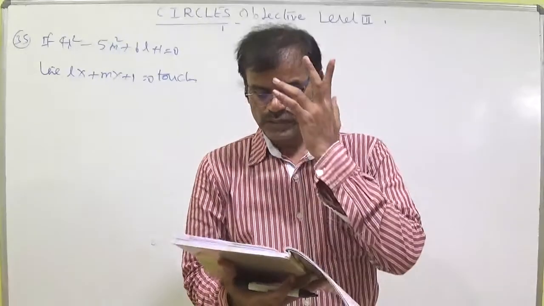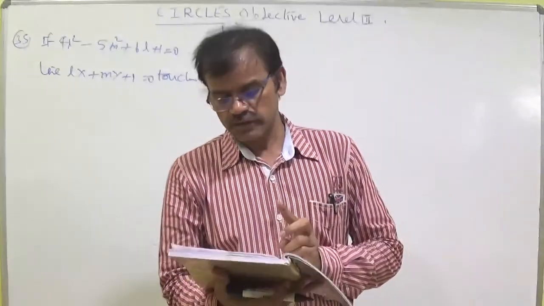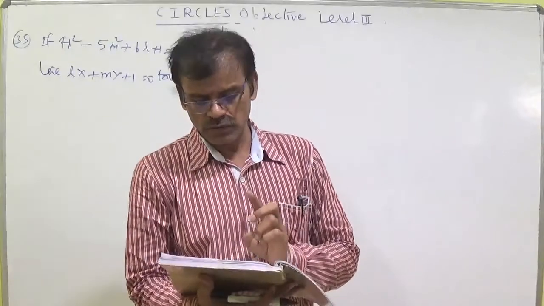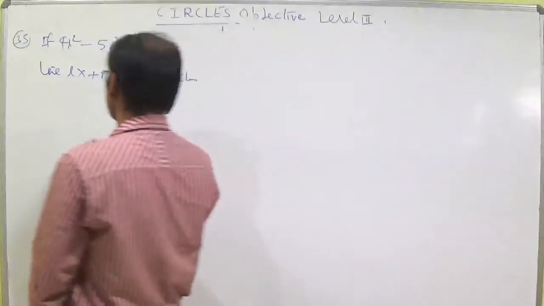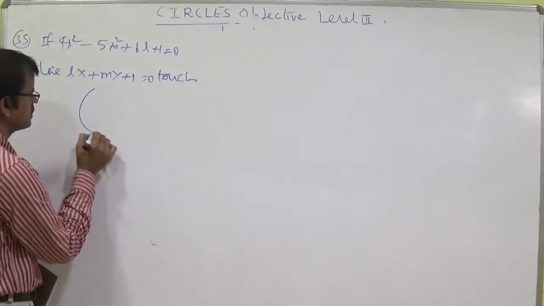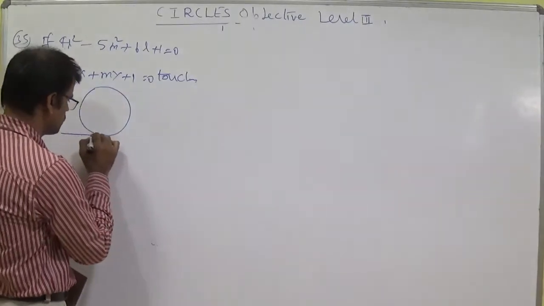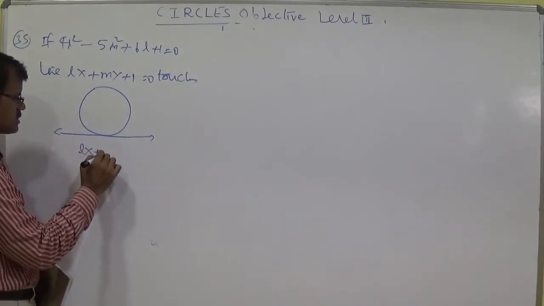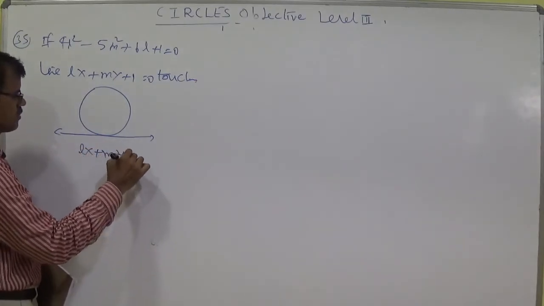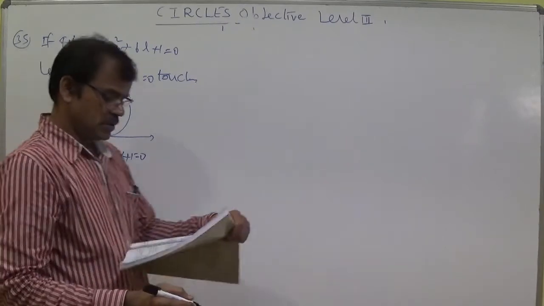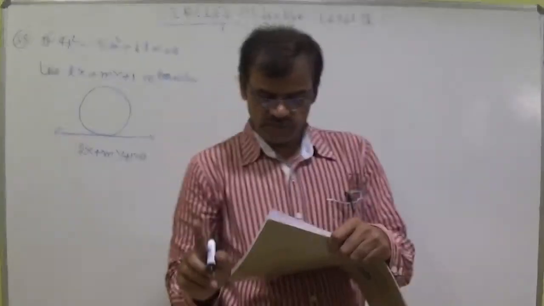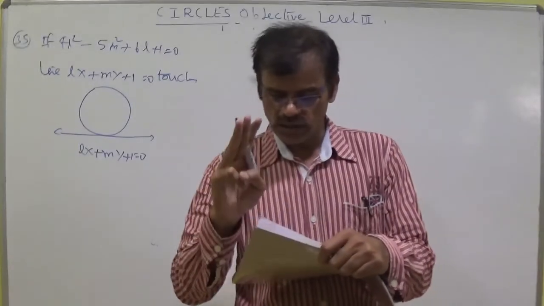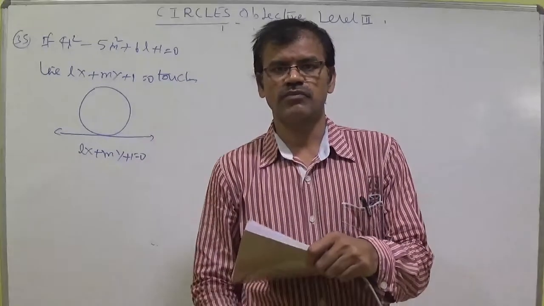How can we verify, sir? We should get 4l square. According to the r equal to d condition, for the circle, Lx plus My plus 1 equal to 0, draw like this. This is the tangent. For the options, the radius is not 5, the radius is root 5.